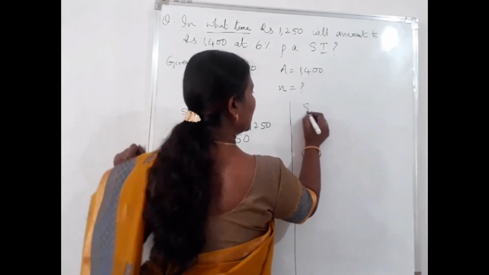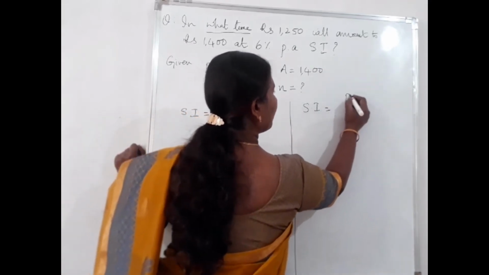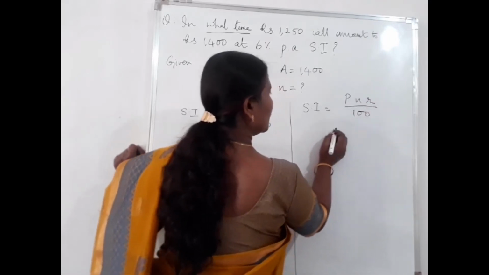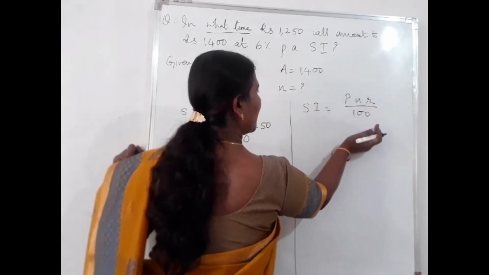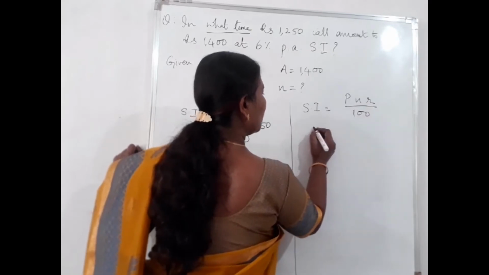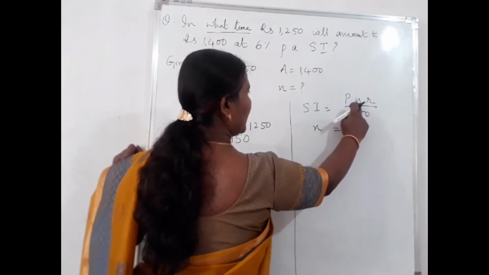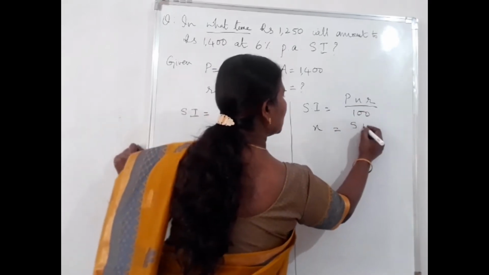Simple interest is equal to PNR by 100. Rearranging the formula, you can find the unknown information from the known information.